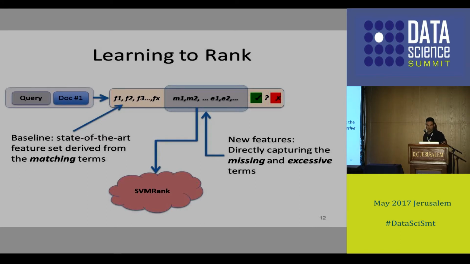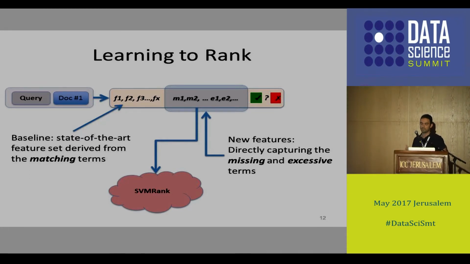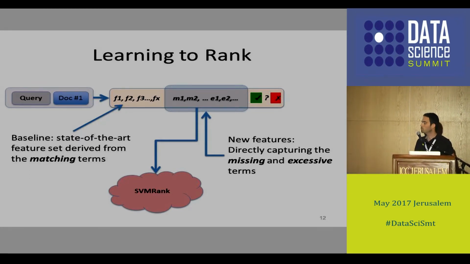In this work, we enriched this feature set with new features that directly capture the information about missing and excessive terms. And hopefully this enriched feature representation can allow the learning to rank algorithm, and in turn the scoring function, to do a better job in ranking.